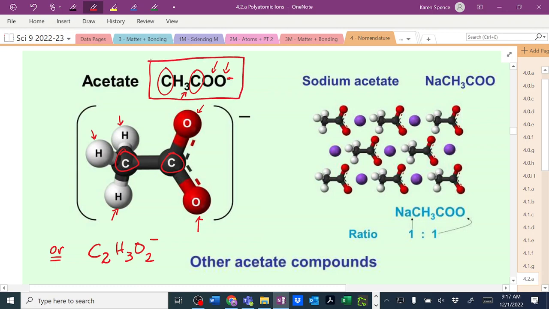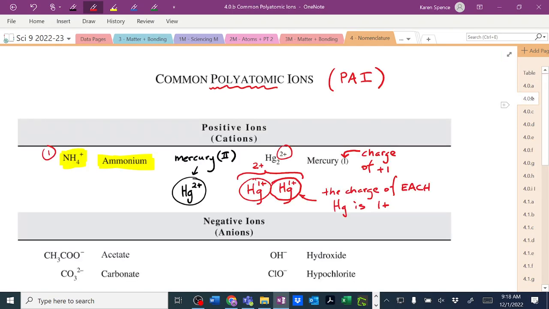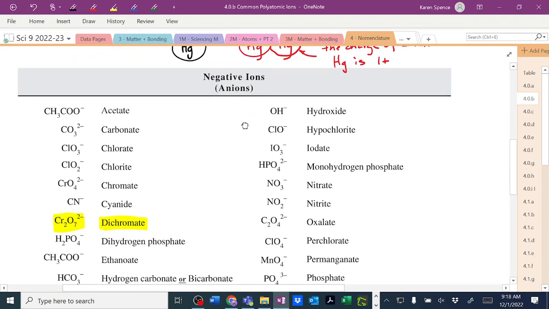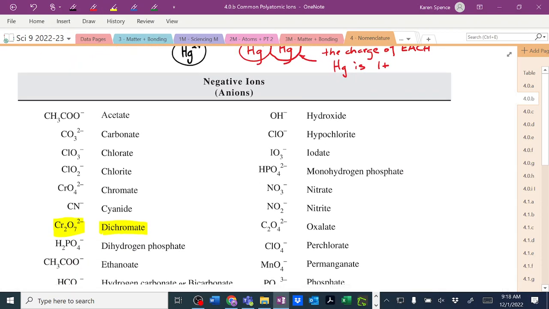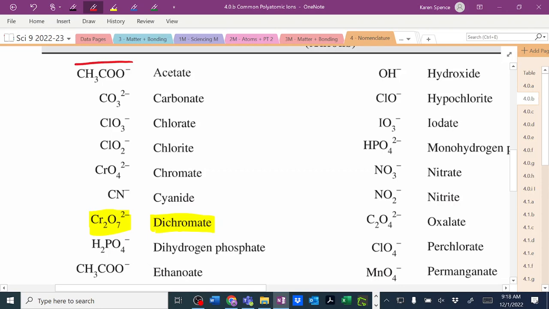Now, if you see that ion, where would you look to find out its name? You would look on your pink sheet and you'd be like, okay, let's go to our pink sheet. And I see that ion here. Uh-oh, but I also see it here. That's because it has 2 different names.